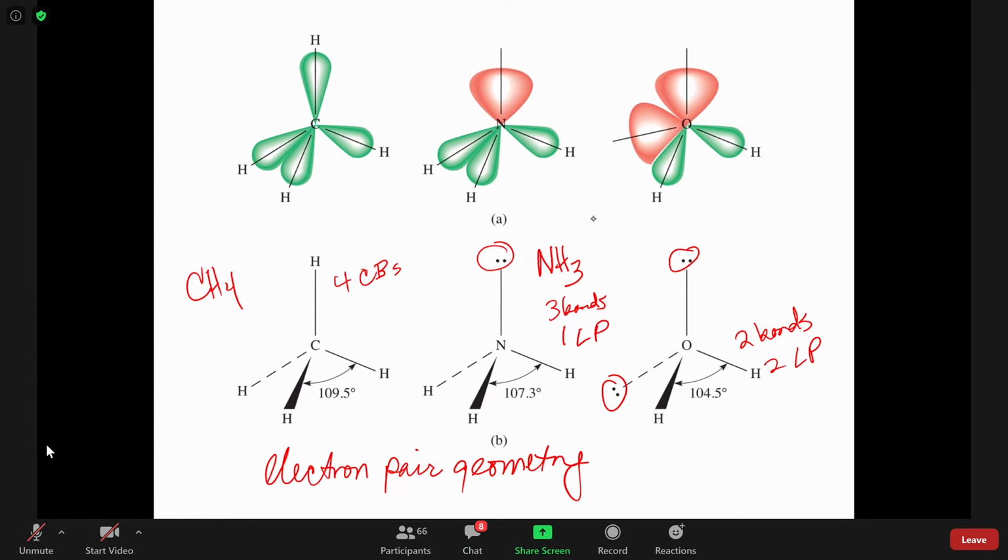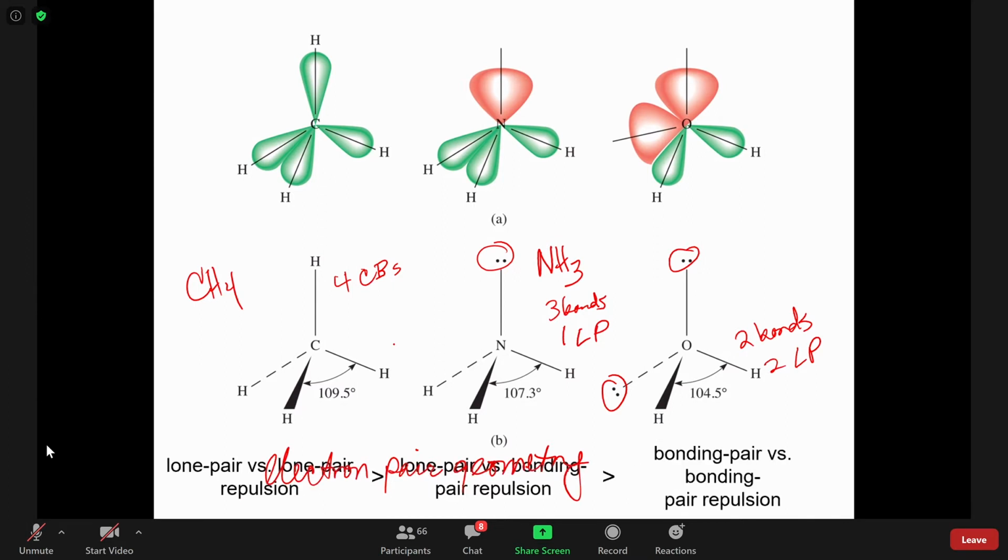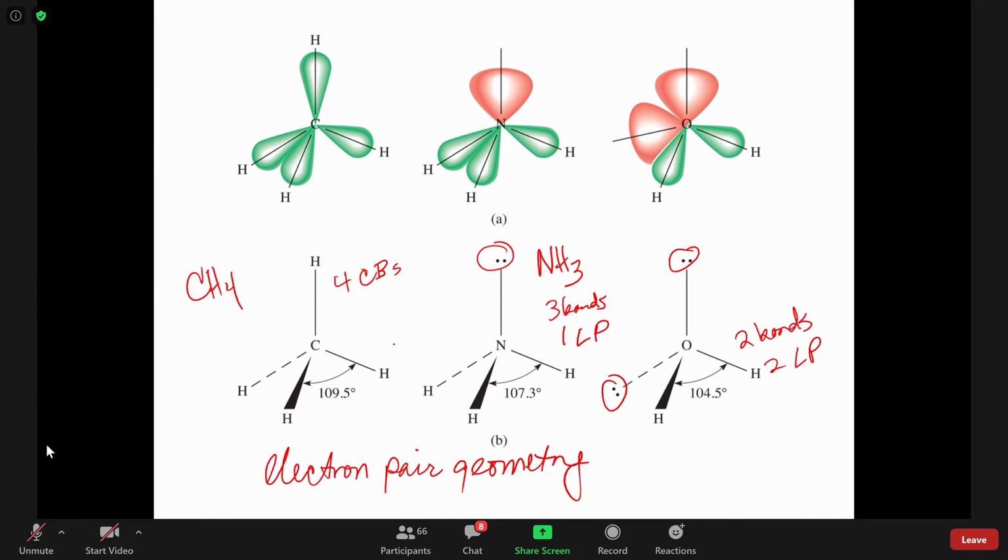So you might find this a little more confusing for NH3. But remember that when we're talking about repulsion between bonding pairs of electrons, well, let me do this again. These 2 bonds have repulsion to one another, as do these 2 bonds.